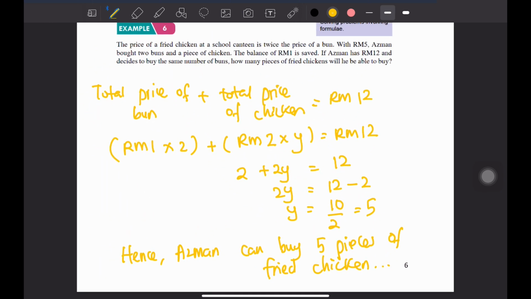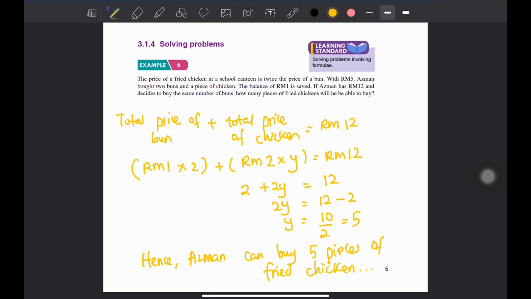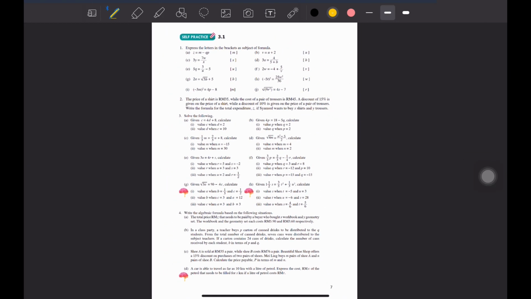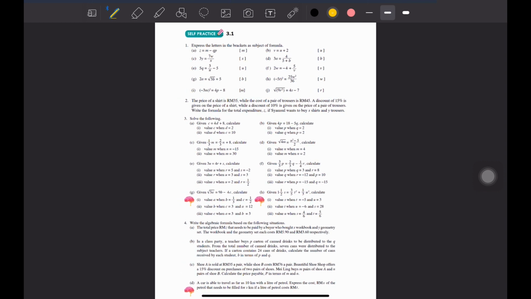Okay, boleh mudah sahaja. So if you ada masalah with this question, you can just rewind the video. Mudah sahaja ni, tak susah. So now your favorite part, your assignment.